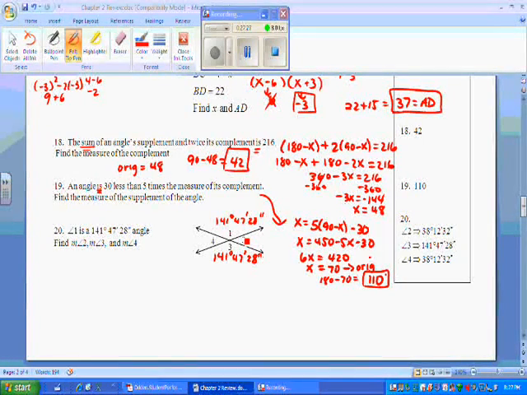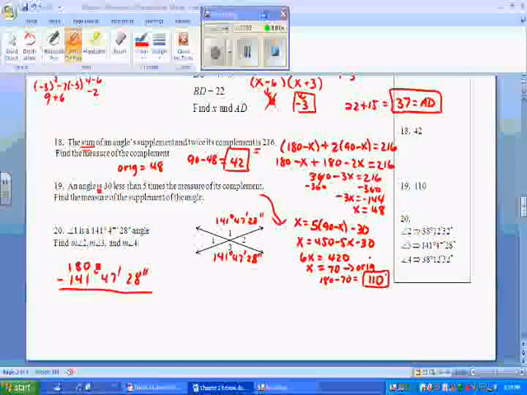But the problem with that is these adjacent angles add up to 180. So we'll take 180 and we will subtract 141 degrees, 47 minutes, and 28 seconds.